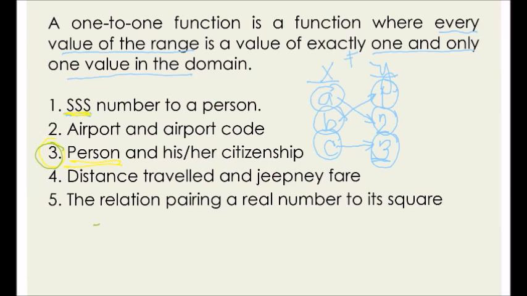Next, let's have number 4, distance traveled and jeepney fare. So usually if you're going to ride a jeepney, if it's a short trip, it's usually 9 pesos. And for succeeding kilometers, you will have to add 20% of that.